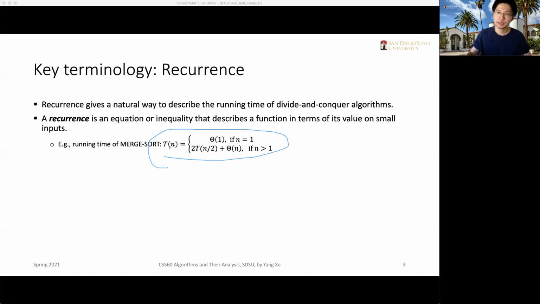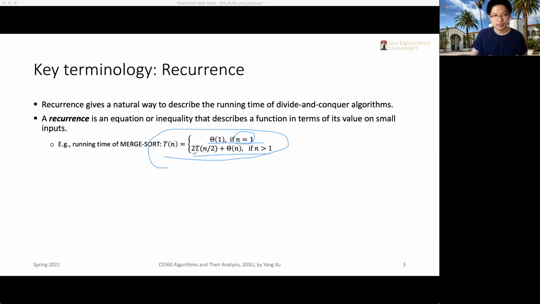We use basically several equations, actually 2 lines, to describe the base case, which is the simplest inputs, the smallest subproblems. In this case, for merge sort, this base case is n equals 1. And the recursive case in the second line is how we divide the problems and combine the solutions.